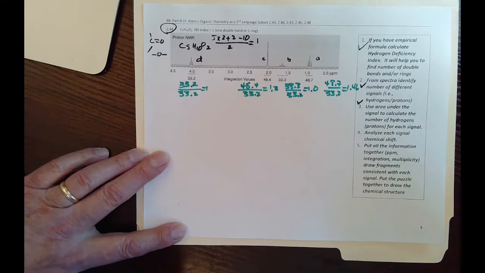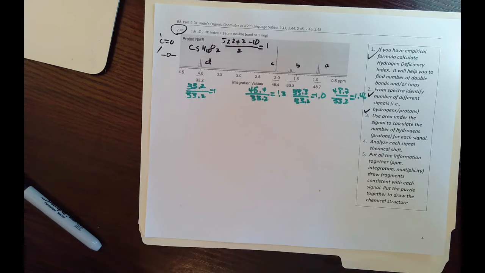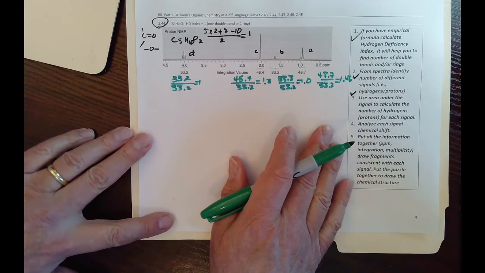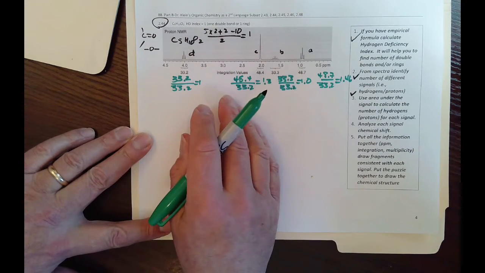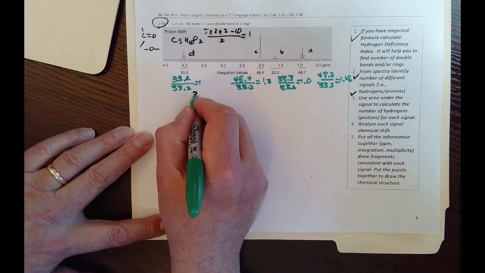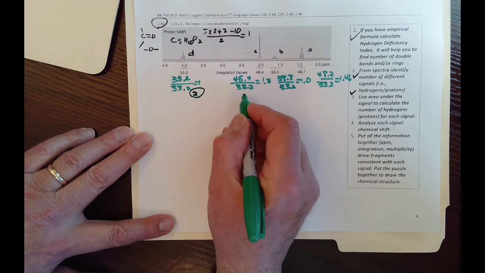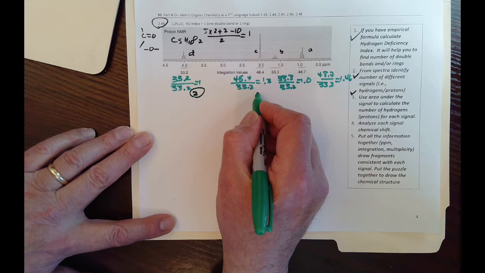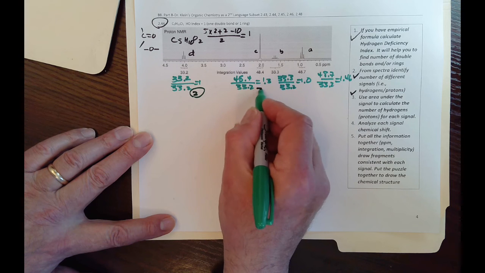So again, they don't add up to 10. So if you multiply and make them integers, because you can't have a fraction of a proton, if I multiply all these by 2, I would have 2 hydrogens here, 1.3 times 2, let's say, so this would be 3. 1.25, yeah, 3.